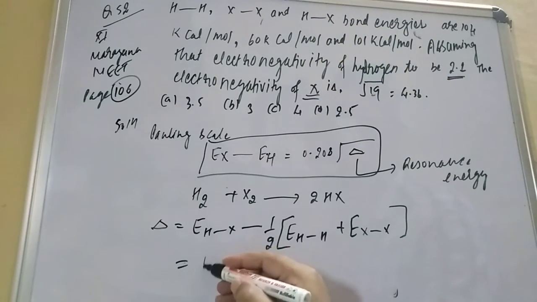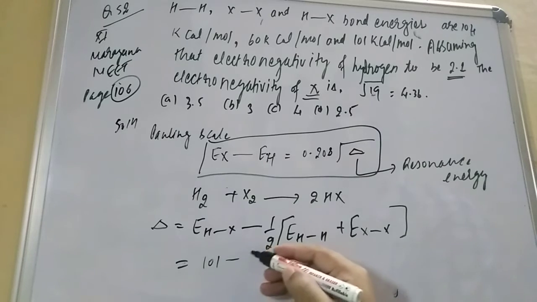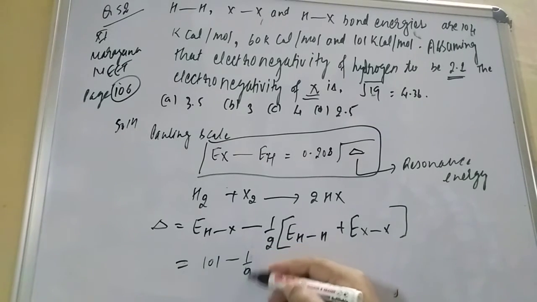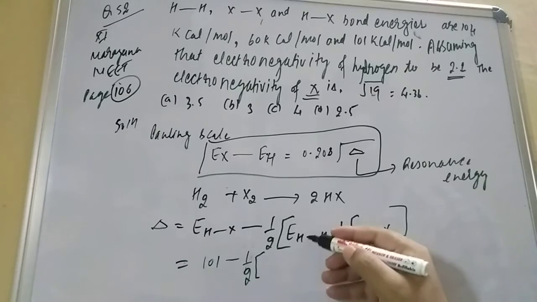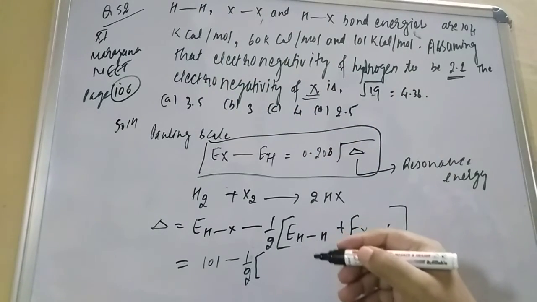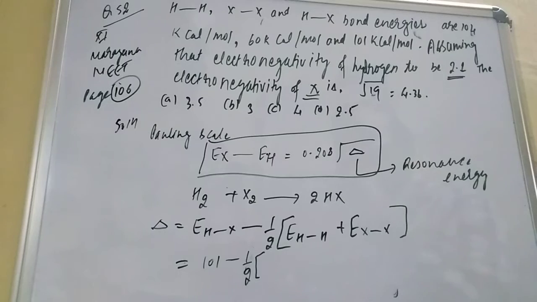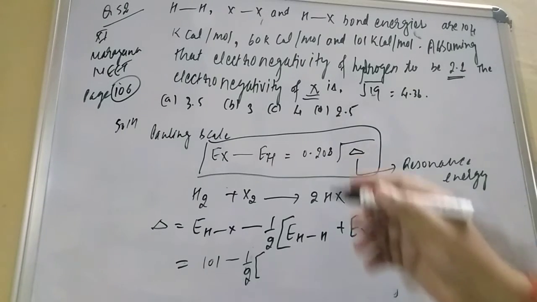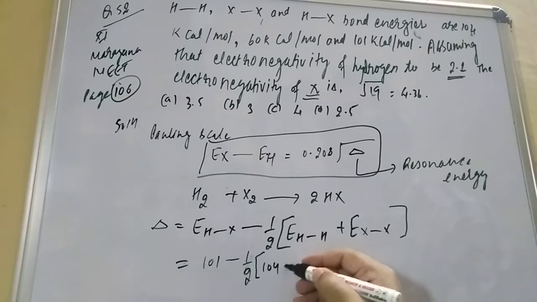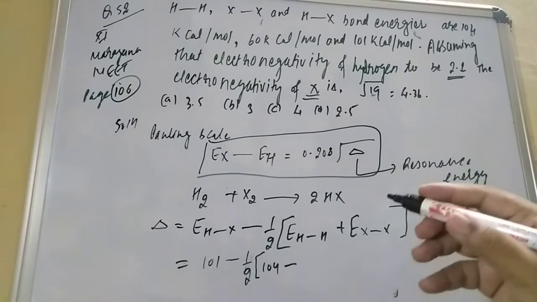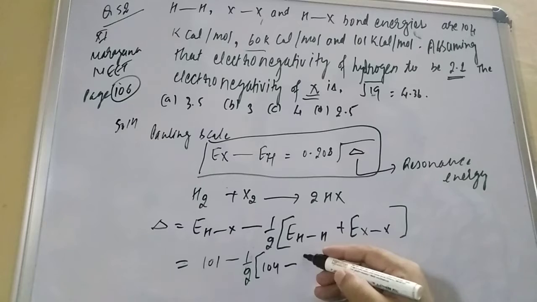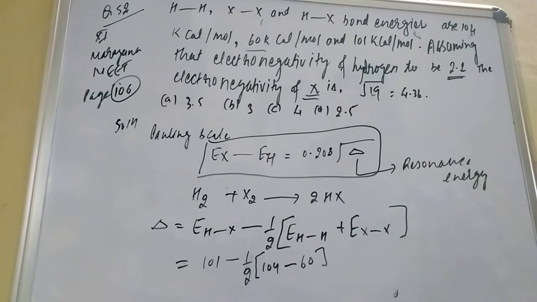So here we put 101 minus, with coefficient 1 by 2 in the square bracket, EHH, whose energy is 104, minus EXX, whose value given here is 60.